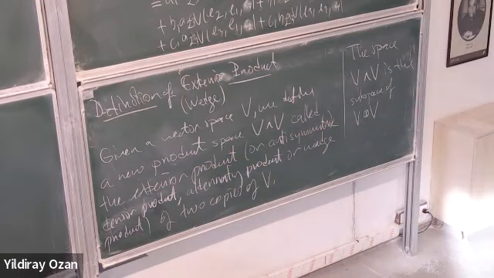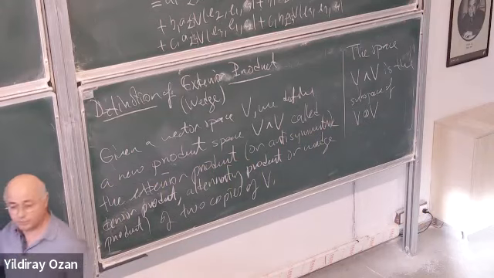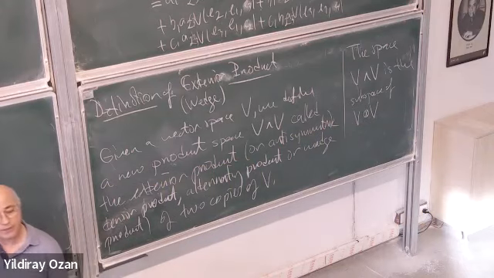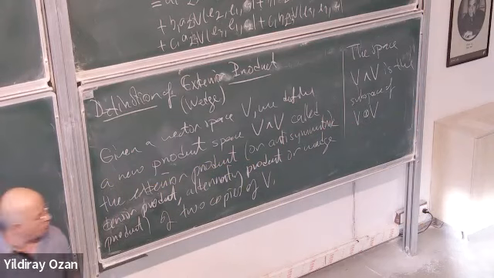This is the product in the tensor product. So the wedge product lives in the tensor product.